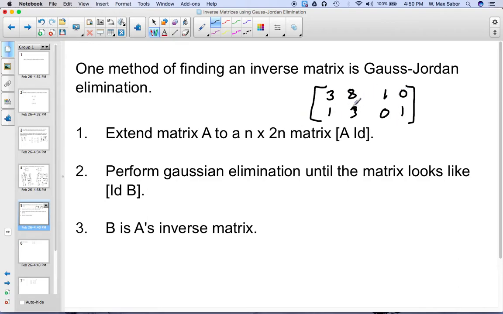Then we're going to perform Gaussian elimination until this matrix looks like 1, 0, 0, 1, and then there are going to be 4 entries here. And that second matrix over here should be the inverse matrix of the original matrix. So this is one way we can find an inverse matrix.